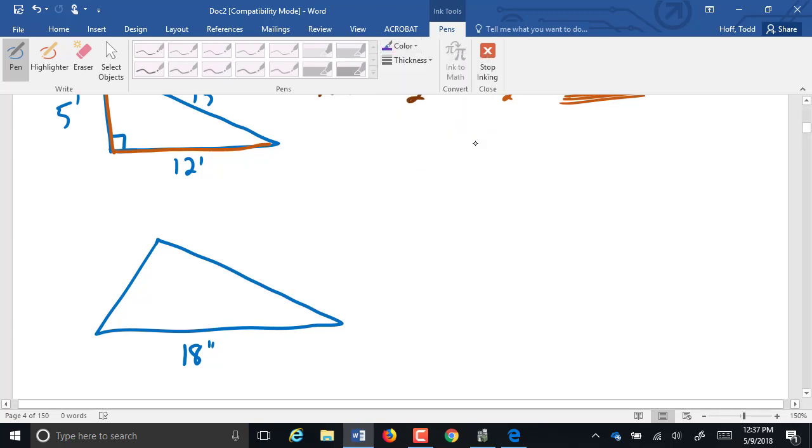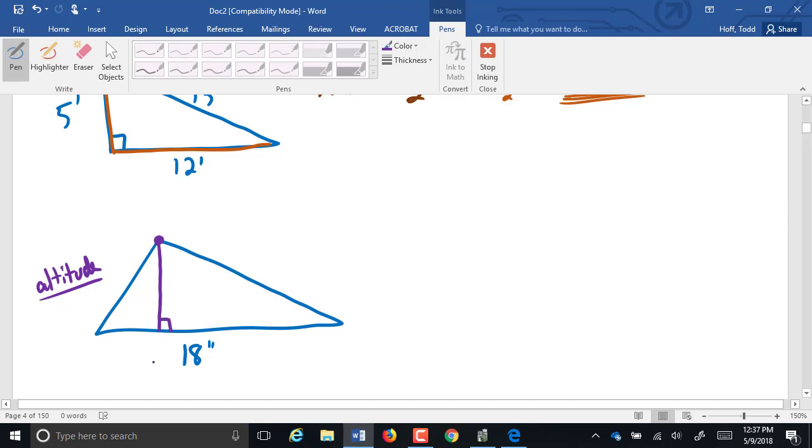An altitude goes from the vertex that's across from the base, opposite the base. So we know that's this vertex up here. And what do we know that it has to do with that base? Perpendicular, form a right angle. It has to come in perpendicular. So that's the dimension we want to know.